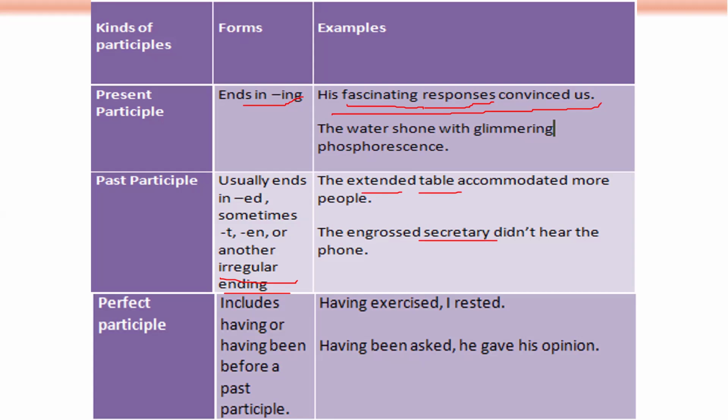Perfect participle includes having or having been before a past participle. Having exercised, I rested. Having been asked, he gave his opinion. Okay. Participles and verbs can be very confusing, but they function differently depending on their placement in the sentence.